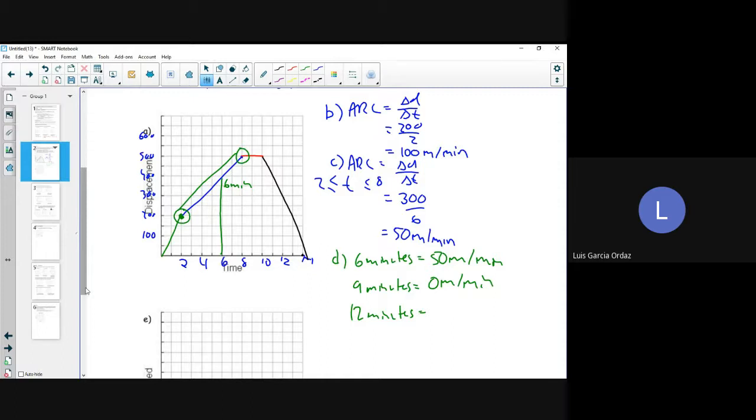Yep, thank you, Jose. It would be 125 meters per minute because she ran 500 meters back in 4 minutes. So 500 divided by 4 gives us 125.